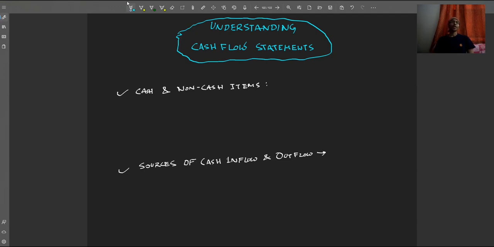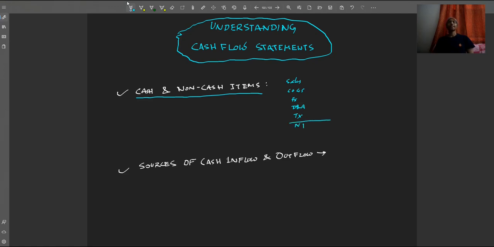Cash and non-cash items. So friends, in a profit and loss statement, for example, there are certain items like sales, then cost of goods sold, then financial expenses, then depreciation and amortization, then taxes, and then net income, right?